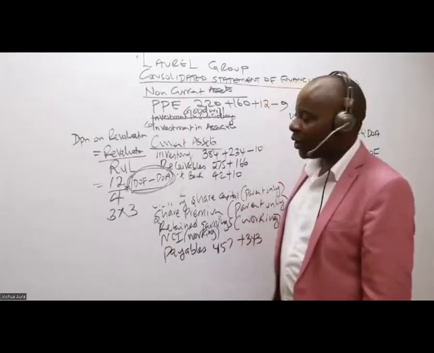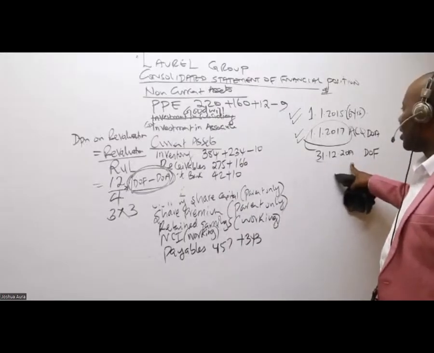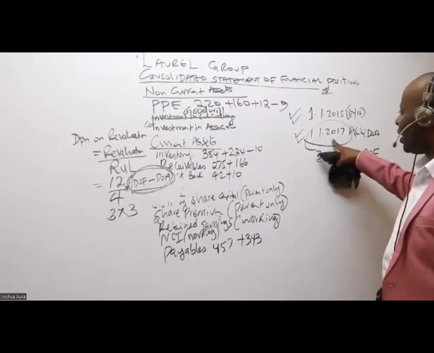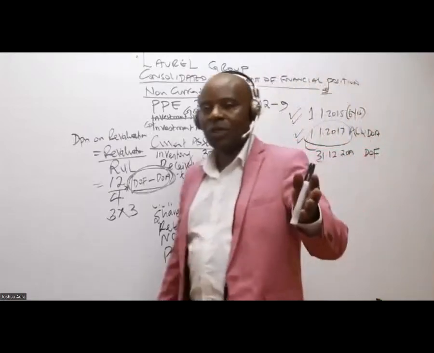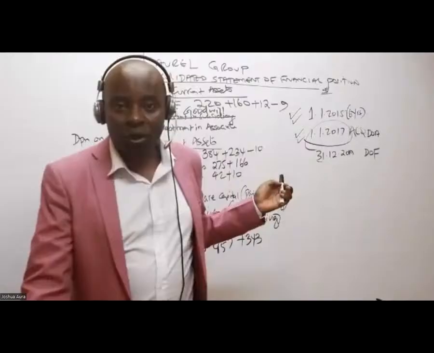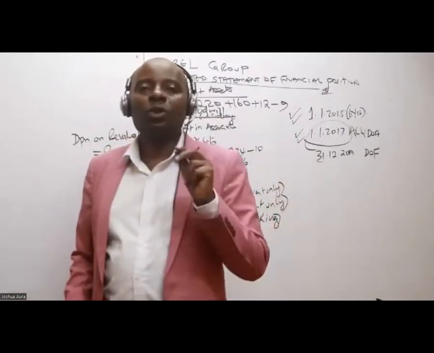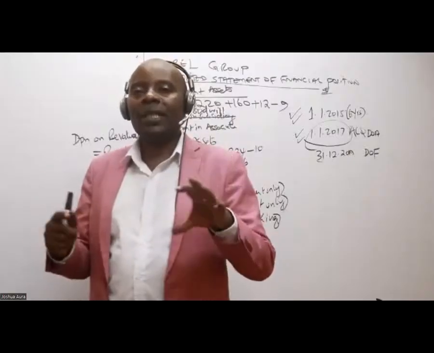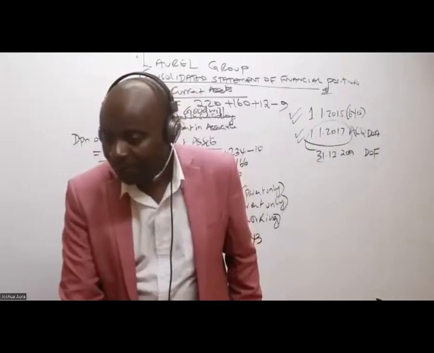The date of the financial statements is 2019 and the date of acquisition is 2017. If you count in between, you get 3 years. This confuses students. I would want you to go and rewatch this video, not once, not twice, until you master it. It's just one logic.